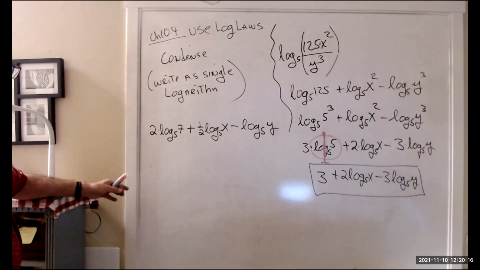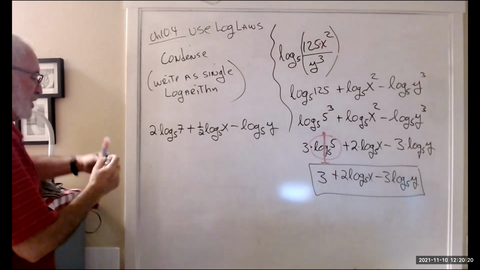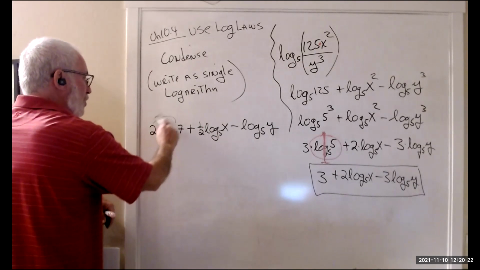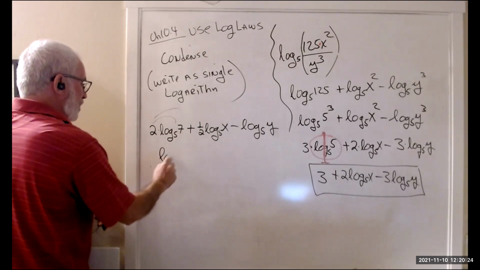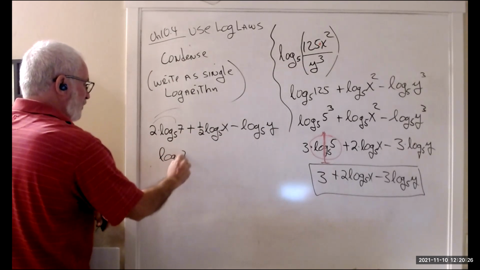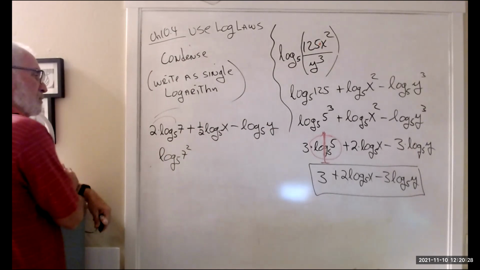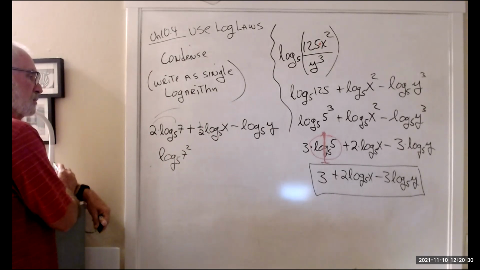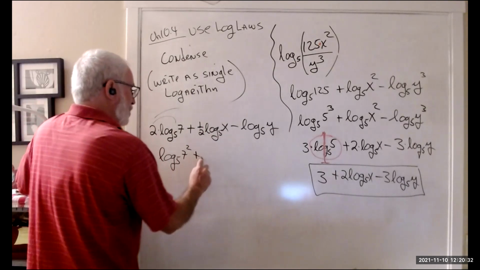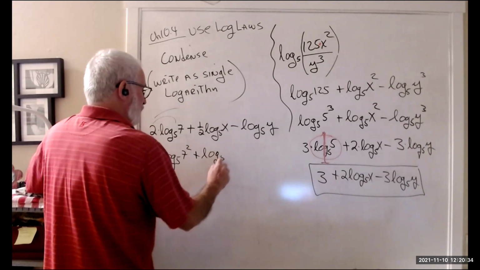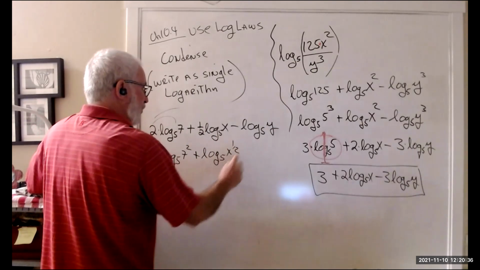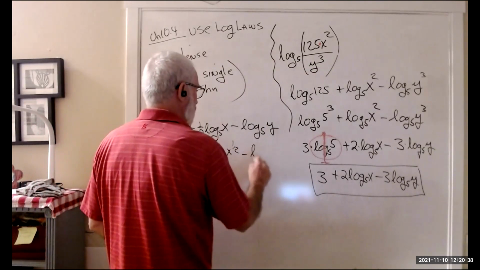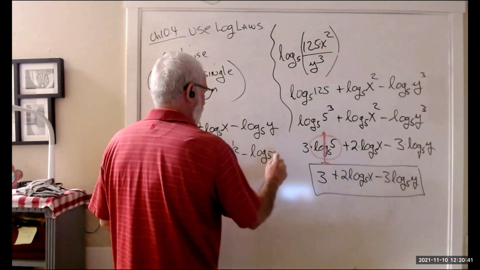Okay, so I'm going to walk you through this. First thing I see is I can do my power rule. So this becomes the log base 5 of 7 squared plus log base 5 of x to the 1/2 minus log base 5 of y.